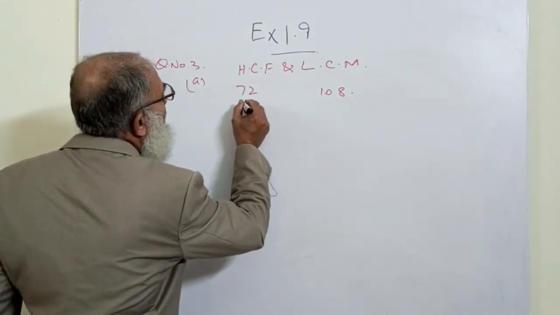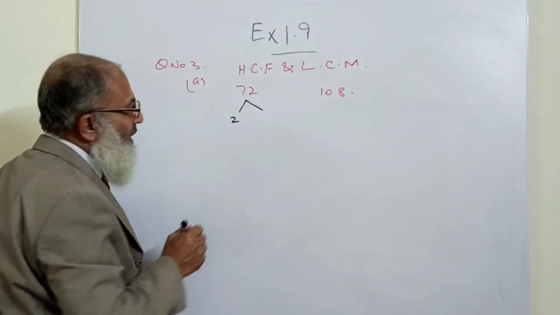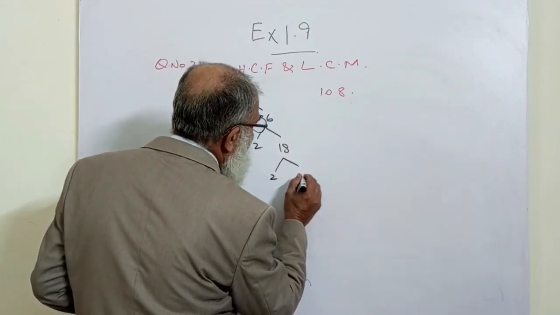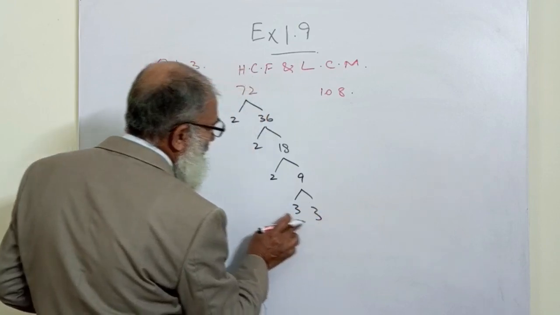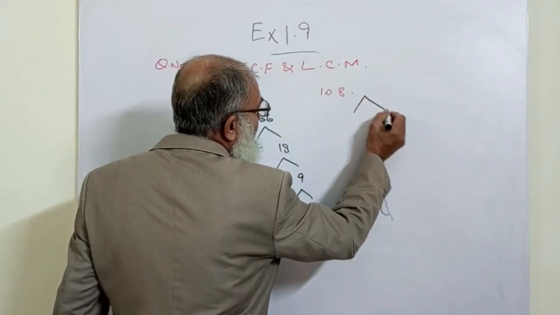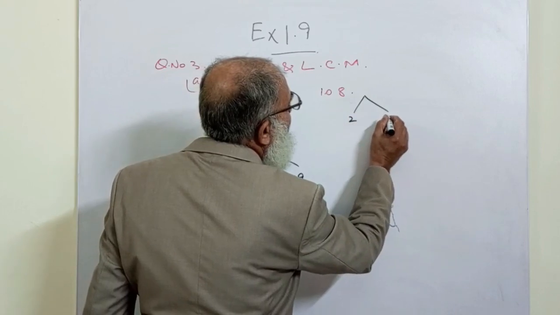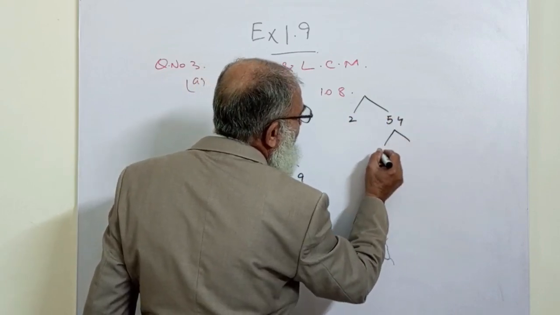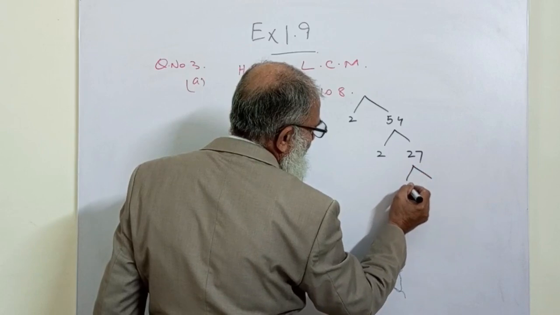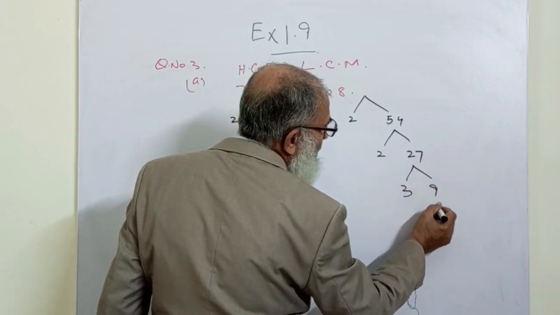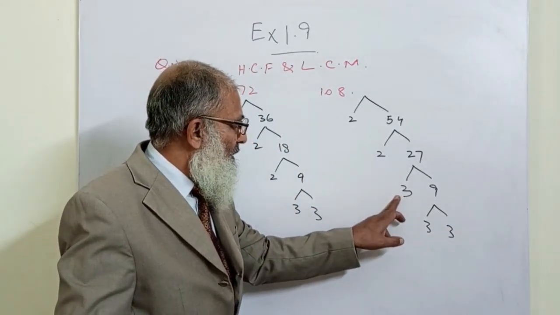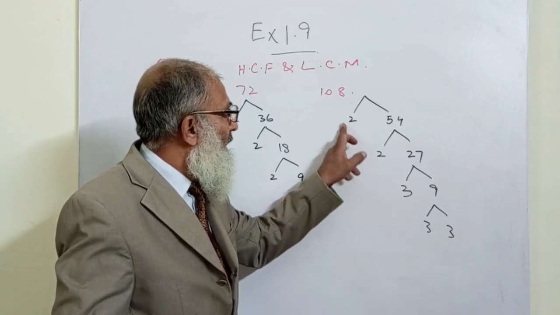What I do is, again we break them up into prime numbers: 36, 18, 9, 3, 3, and 72.